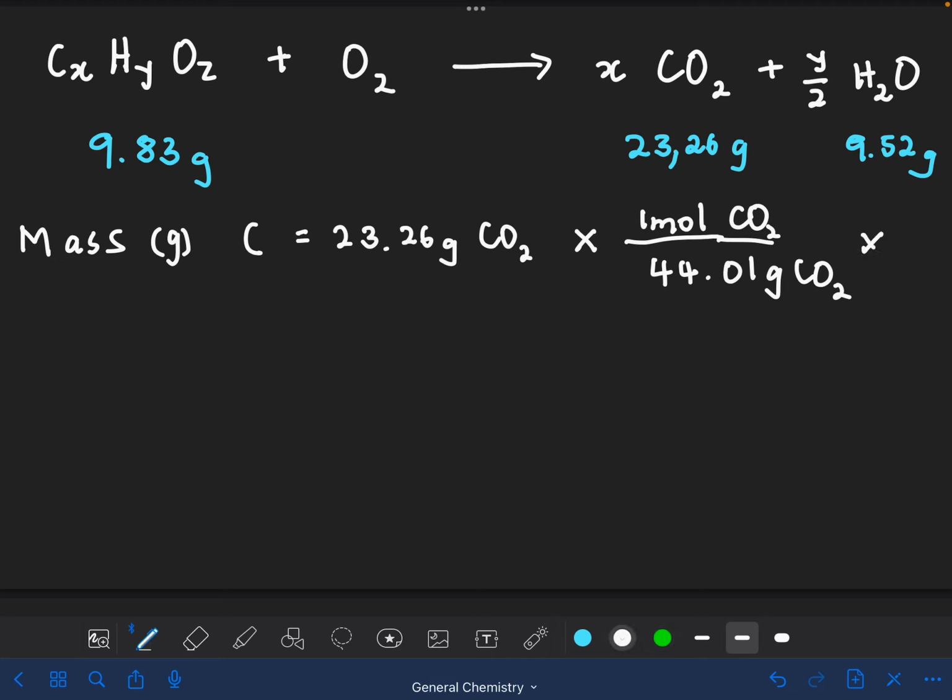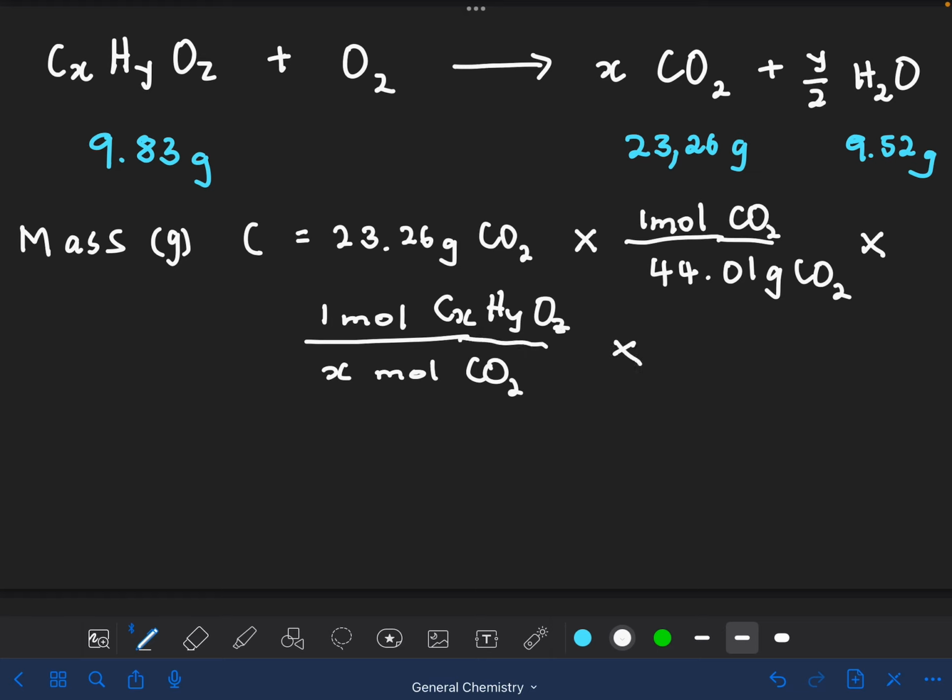From this, we are going to be multiplying by the molar ratio. If you look at this combustion reaction, for every X moles of carbon dioxide, you've got 1 mole of CxHyOz.